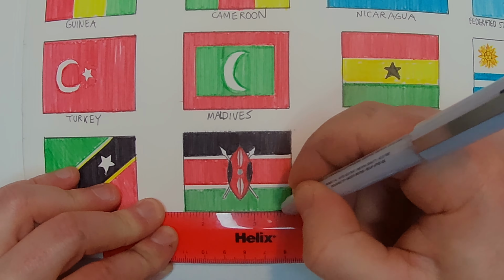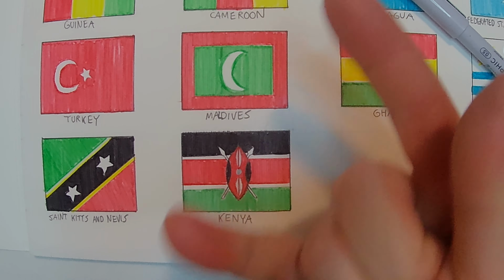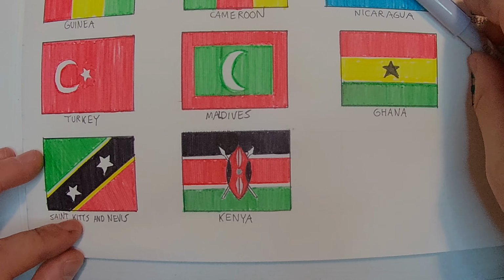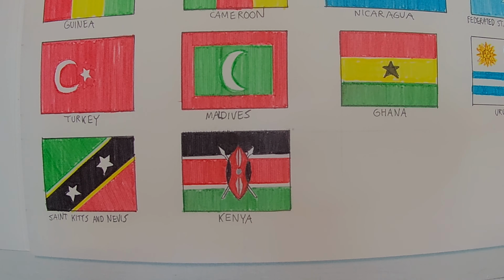The red means the blood shed in the struggle for freedom. The green stands for the natural wealth, the vegetables, the broccoli, the spinach, all that good stuff you've got to eat to stay healthy, all that natural wealth. And the white little bars separating those colors stand for peace. And the positioning of the shield and the crossed spears symbolize the defense of Kenyan freedom.